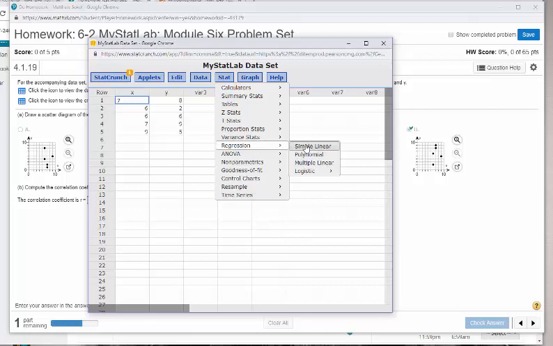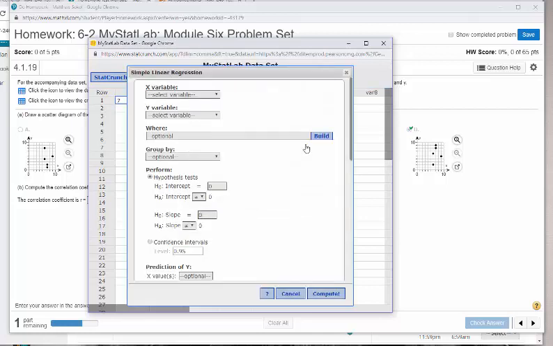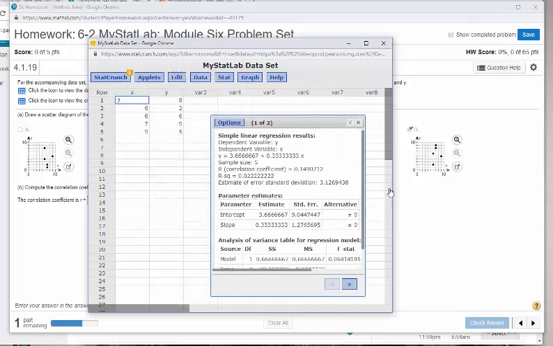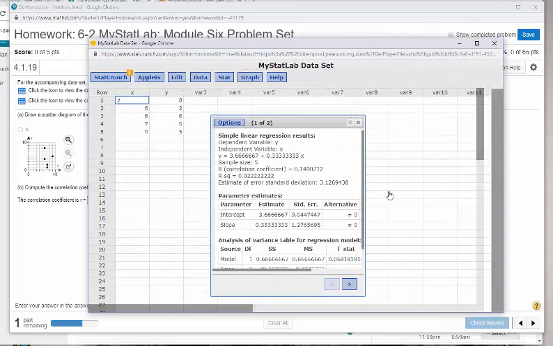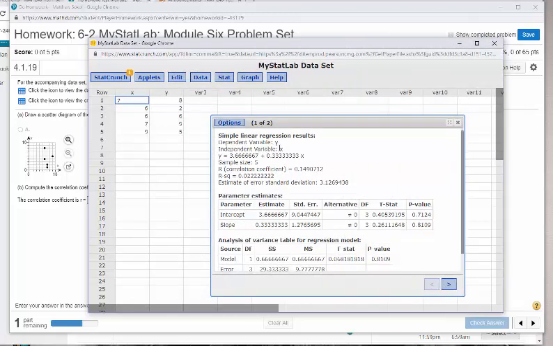Whenever you don't know what to do this week, that's what you should default to: Stat, Regression, simple linear. So I'm going to click on that. It's going to say the x variable is under x, y variable is under y. You're going to hit Compute. Now you're going to see this printout with a bunch of stuff.